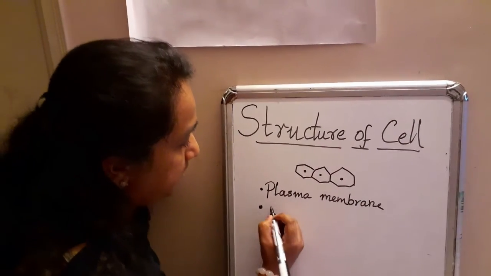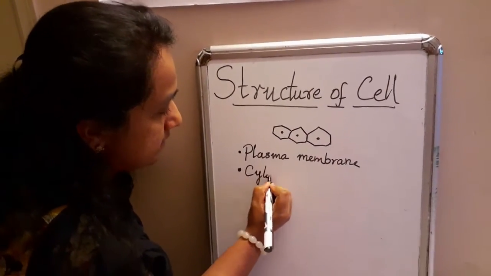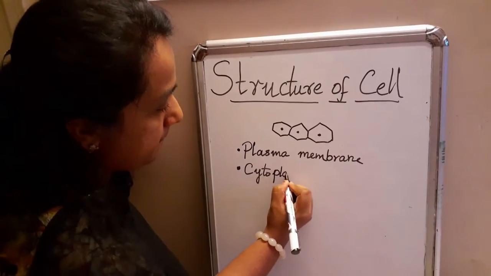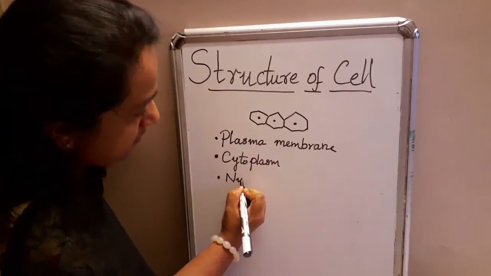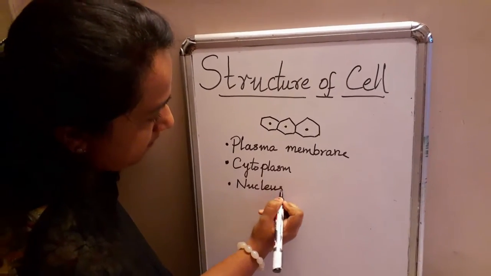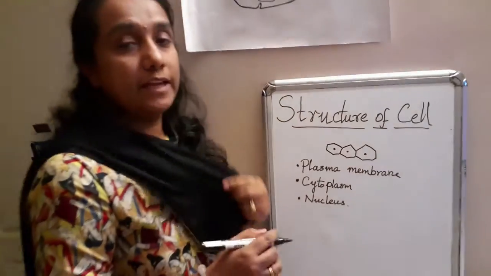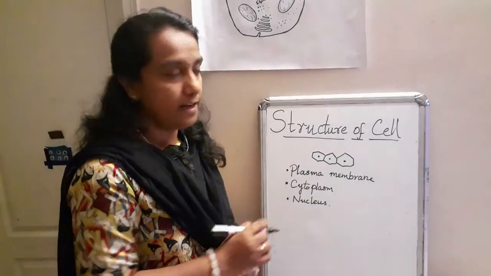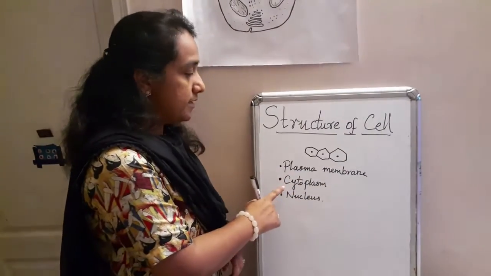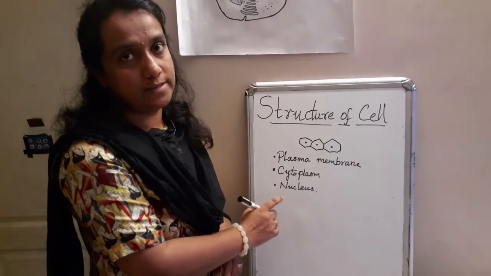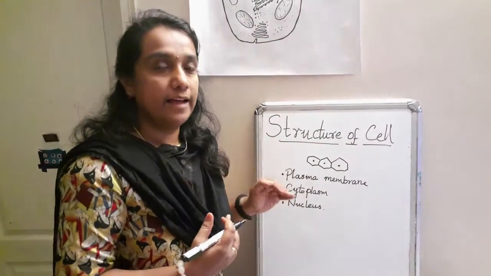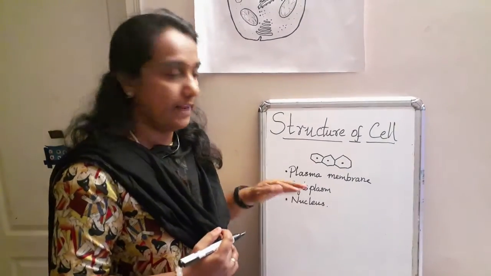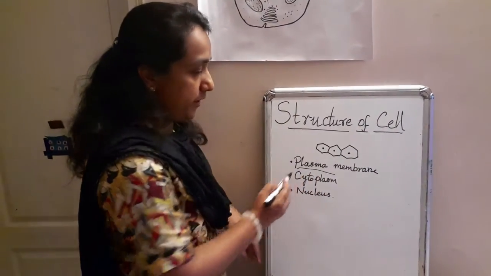Second is cytoplasm, and third one is nucleus. So the three main features of a cell are plasma membrane, cytoplasm and nucleus. Inside that, so many things and so many functions are there that we will see one by one. So let's start with plasma membrane.